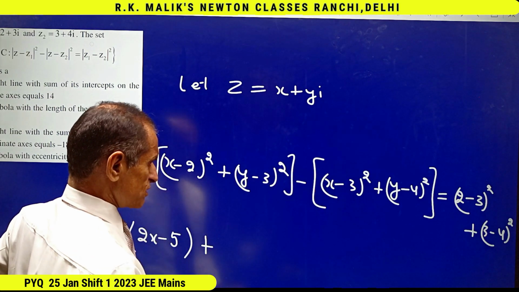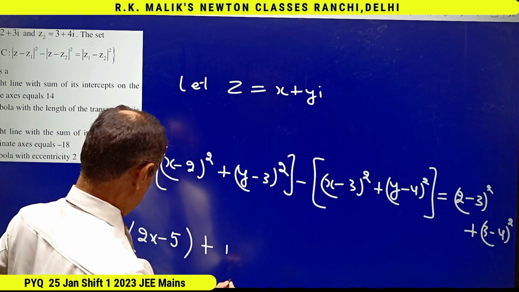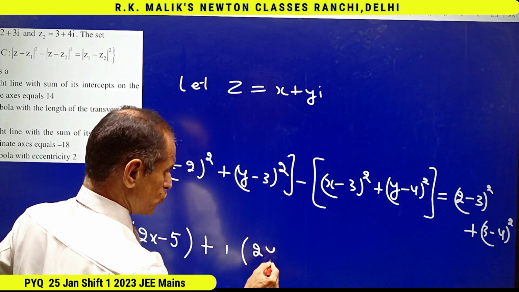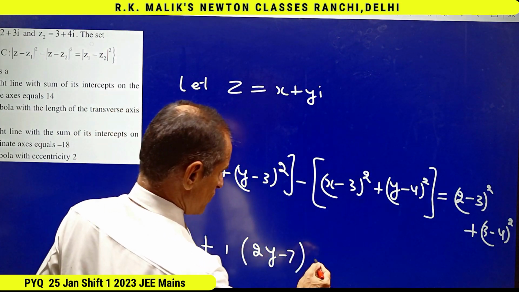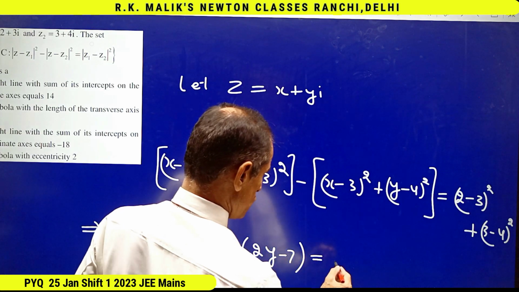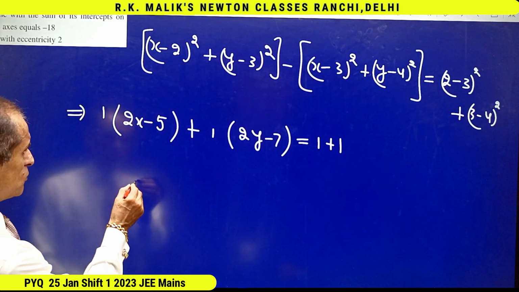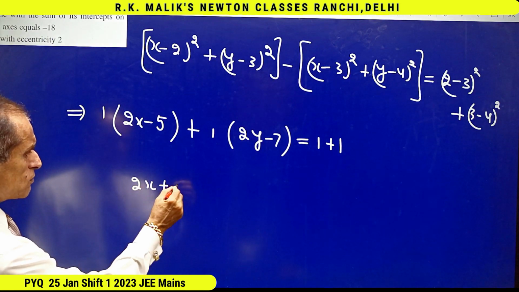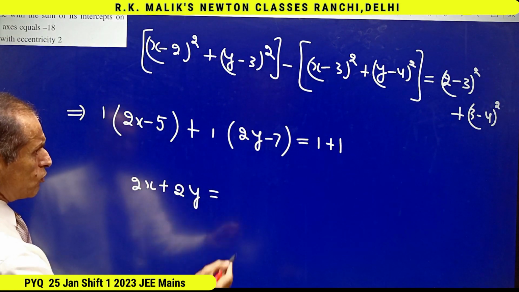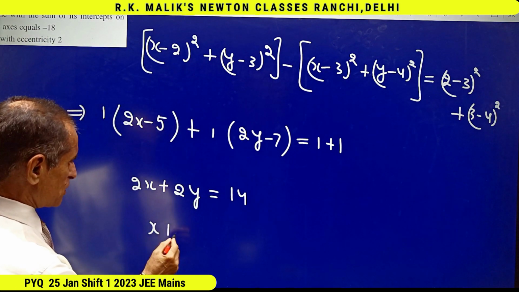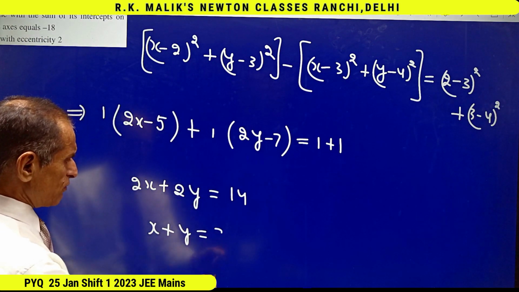This minus this will give you 1, and this plus this will give you 2y minus 7, equal to 1 plus 1. That is, I get 2x plus 2y equal to 14. That is x plus y equal to 7.